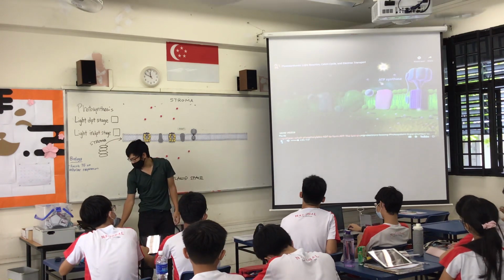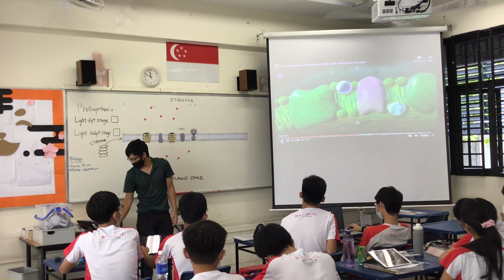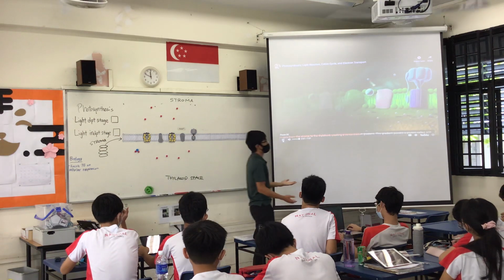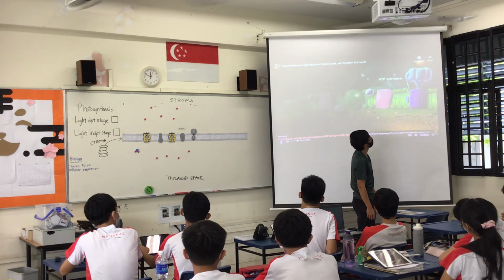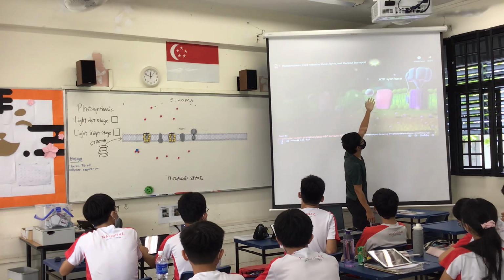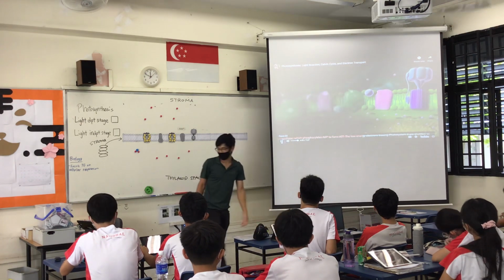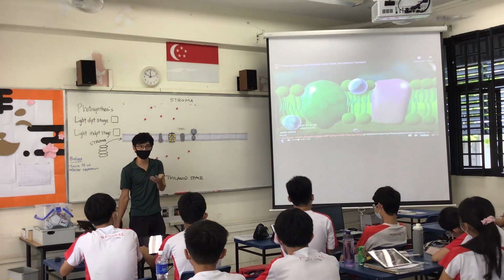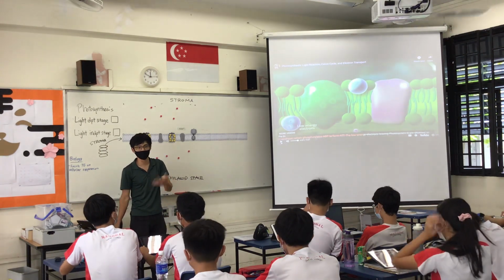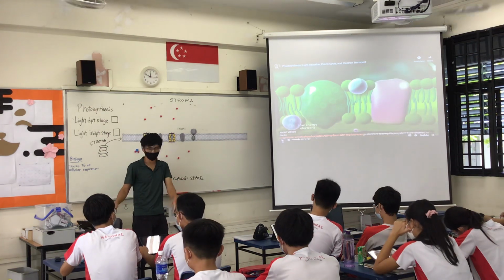Once we've set up a proton gradient, the usual stuff happens. The protons will flow through ATP synthase, and then ADP will be used to synthesize ATP. Notice it's very similar. That's why if you understand oxidative phosphorylation, photosynthesis just becomes almost like a reverse.